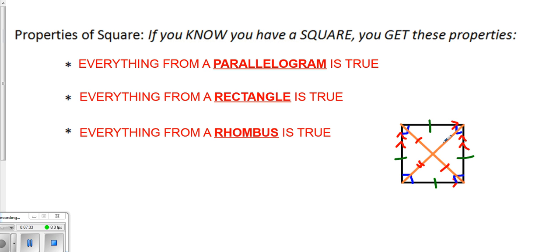This one is the same as this one. But we also know they're congruent to each other because they're a rectangle. So if they're the same exact length and they bisect each other, you can take those off. All of these are actually the same length. Plus, because it's a rhombus, this is a right angle. So that's a lot of information given just by knowing it's a square.